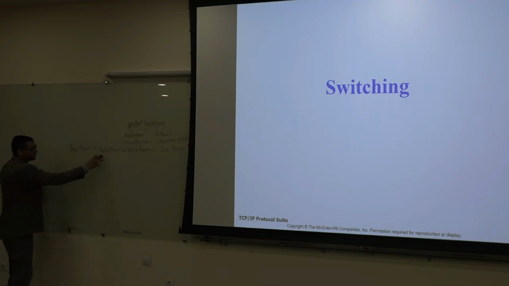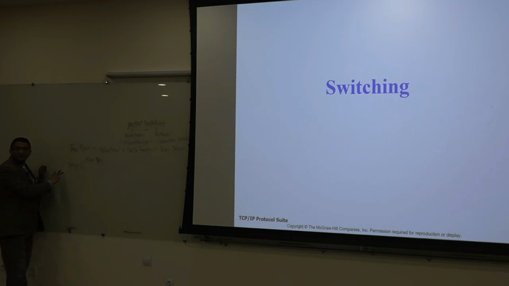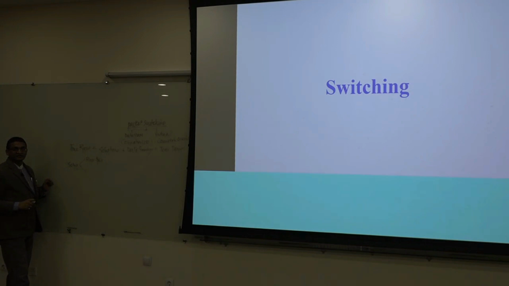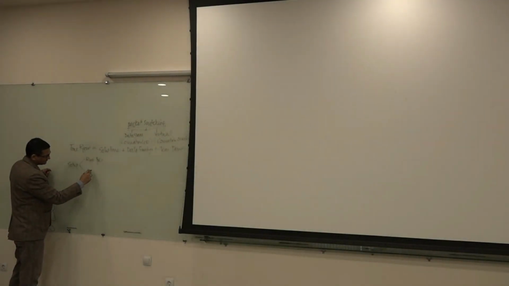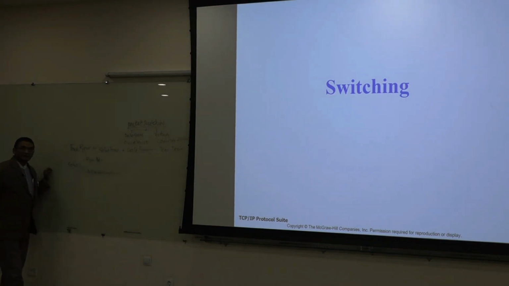So what is happening in setup time? In the setup phase, two activities happen. One is that a request packet is delivered from the sender to the receiver asking for the connection, and an acknowledgement is received from the receiver saying, okay, I am ready for this communication.